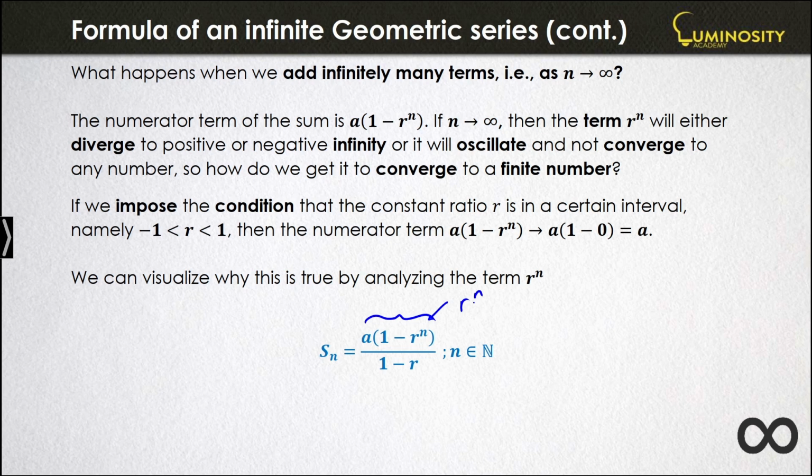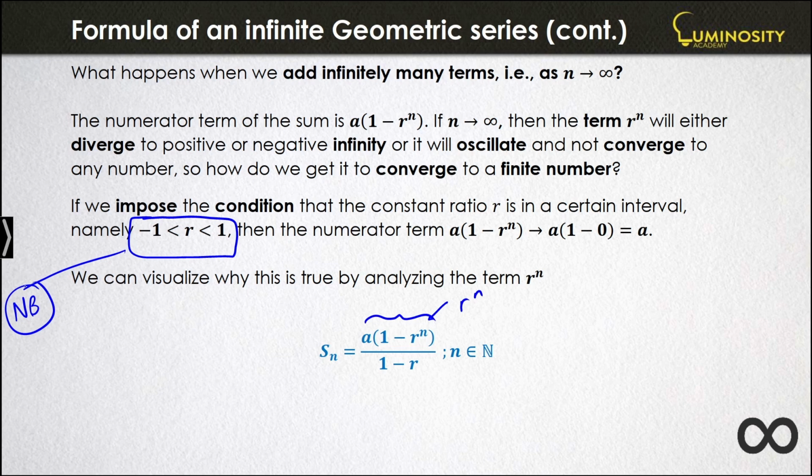Why does it diverge to positive or negative infinity, and why does it oscillate and not converge? The condition that we're going to impose on the constant ratio r is in a certain interval, and it's this one here. This is the holy grail, the crux, the most important property that your constant ratio r must satisfy in order for an infinite geometric series to actually converge.